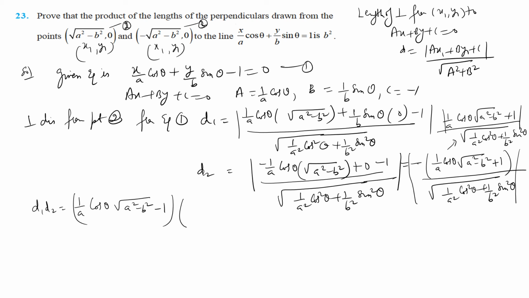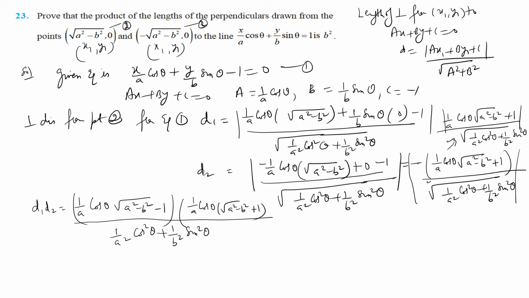So it is just the numerator of a square minus b square plus 1 and the denominator, as it is the same term with the root, will just be the whole square 1 upon a square cos square theta plus 1 upon b square sin square theta.